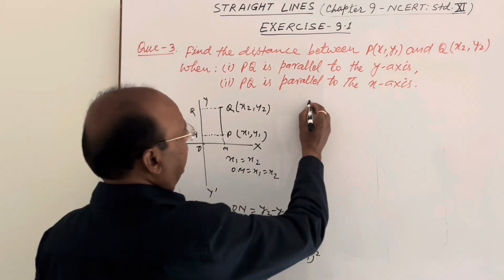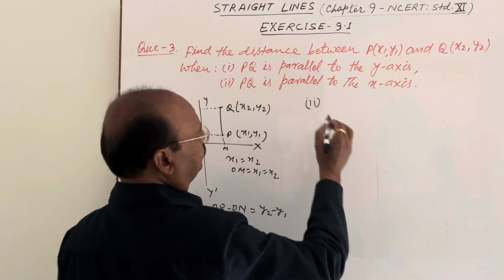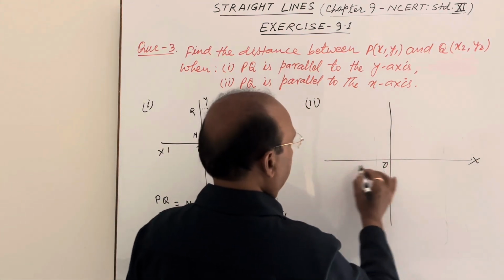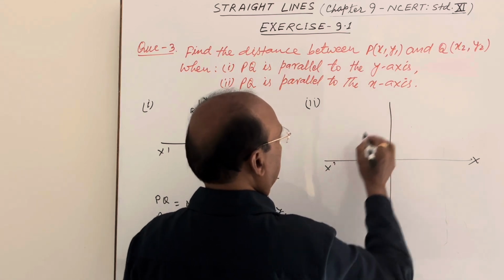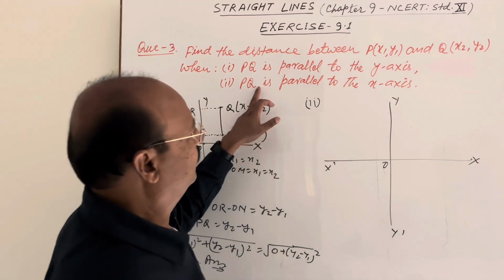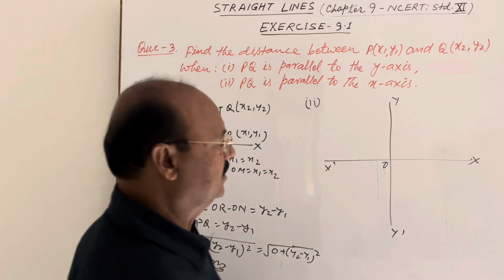Now let us discuss the second part. Again the axis system, XO X dash and YO Y dash. In the second case PQ is parallel to the x-axis.